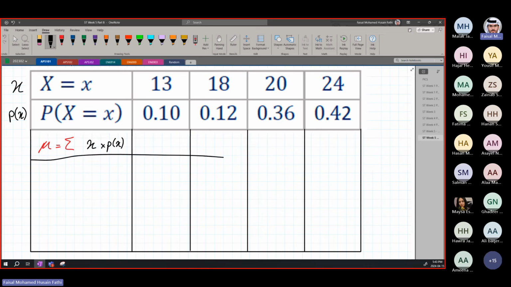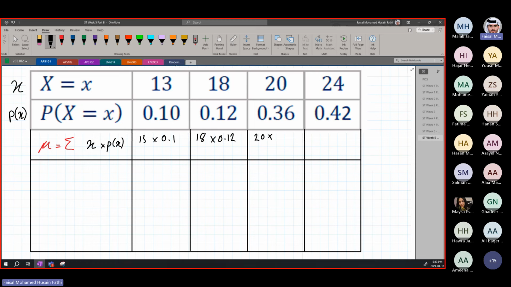We are just going to multiply x and p of x for every value here. So we're going to do 13 times 0.1, 18 times 0.12, 20 times 0.36, and 24 times 0.42. That's what this means. I just multiplied x by p of x for each and every one.